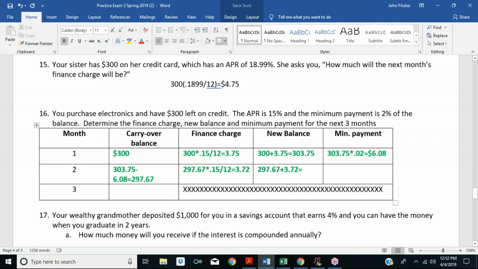That gets the new amount, $301.39, and then we're going to do 301.39 times 0.02 to get the new minimum payment. And then to get the next value, we take the 301.39 minus the minimum payment, and that gets us the new balance.